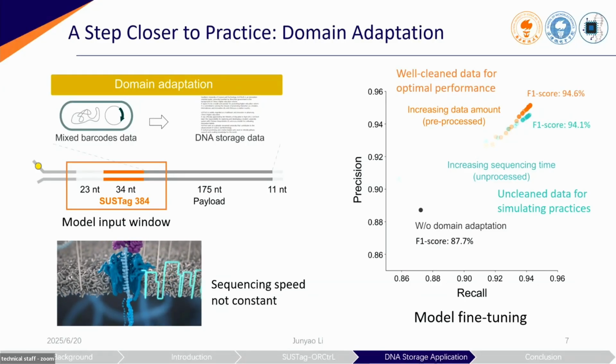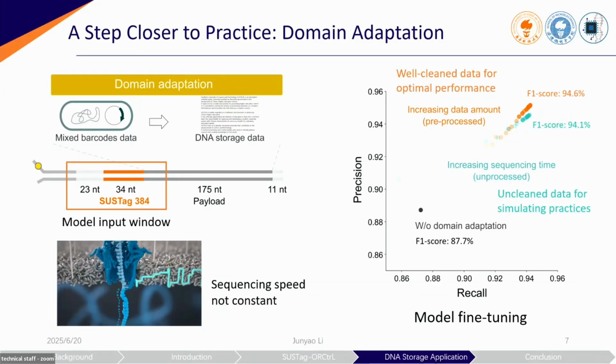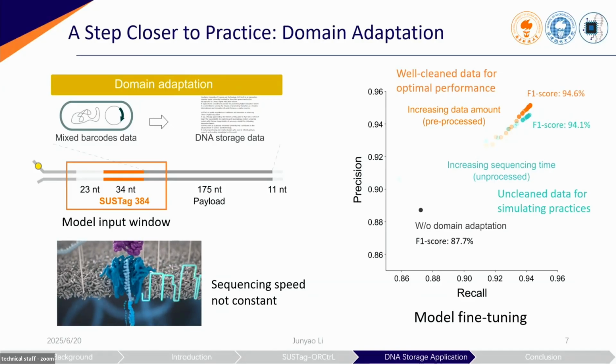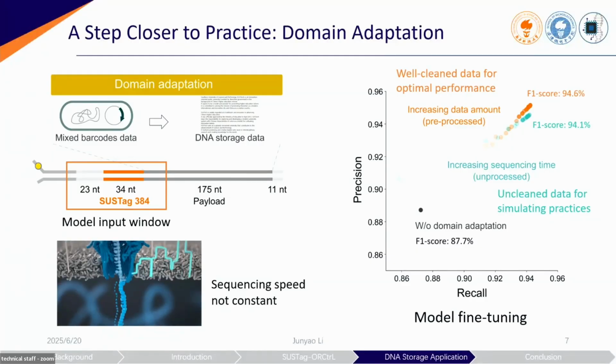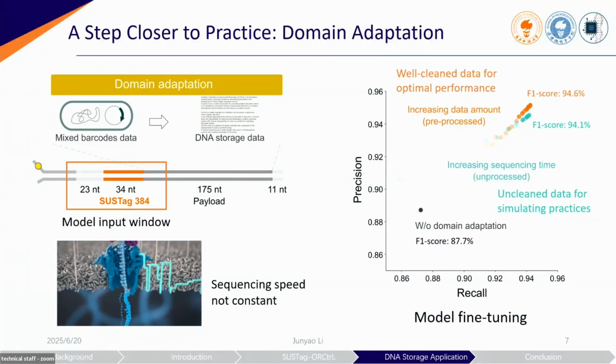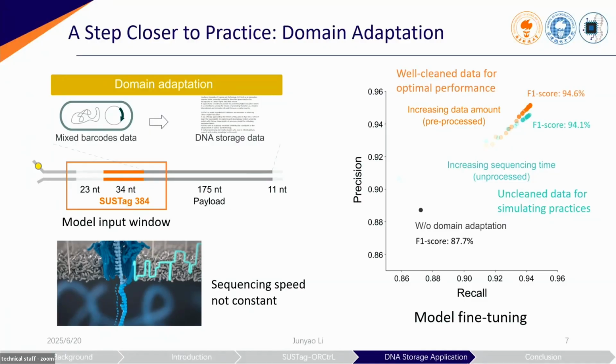If we apply our pre-trained model to a new data set, like a DNA storage data set, the payload DNA signatures will change totally, and these changes will affect the model performance.